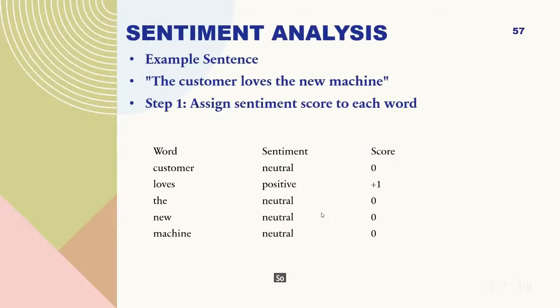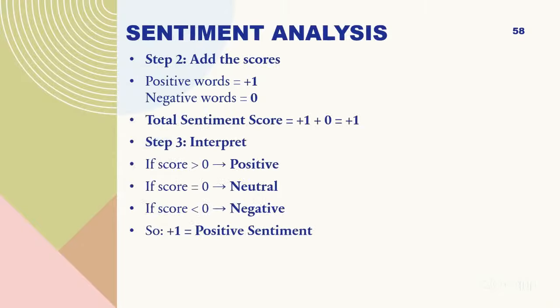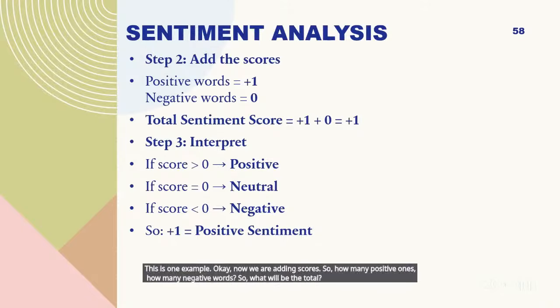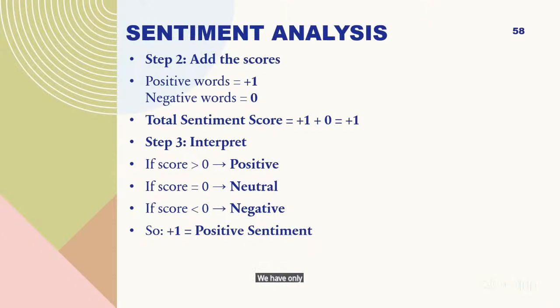So here we have assigned a score for each word. This is one example. Now we are adding scores. How many positive words, how many negative words, and what will be the total? We have only positive here, so 1 plus 0 is equal to 1.